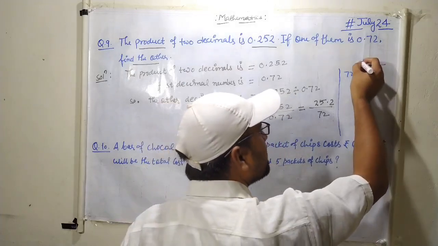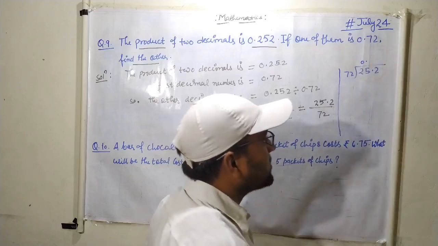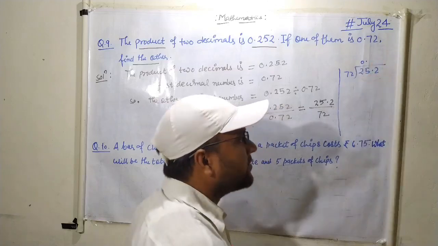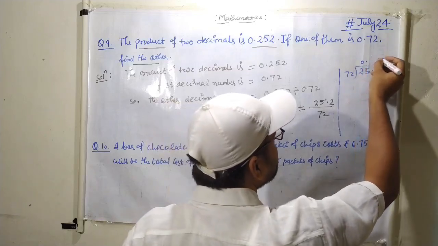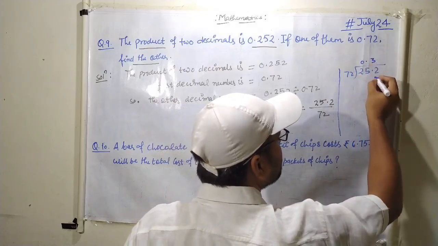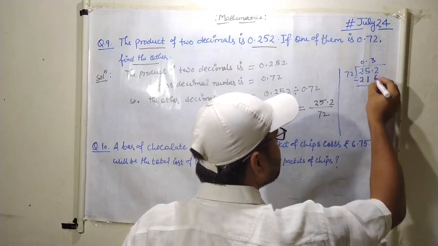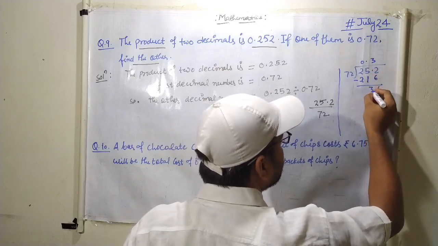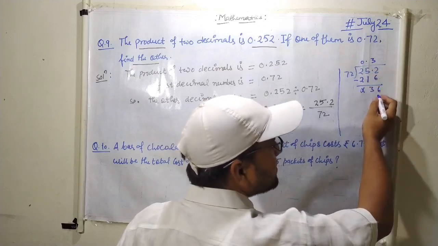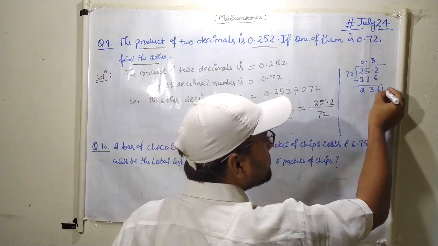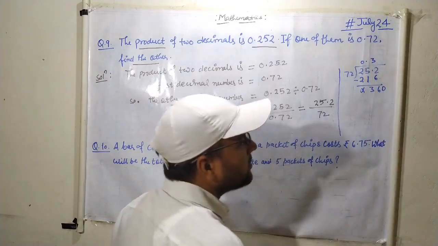Listen students, 25 is not divisible by 72. Take the decimal point in your quotient. So 252 is divisible by 72. It goes 3 times. 3 twos are 6, 3 sevens are 21. 6, 4 minus 1, 3. Cancel out. 36 is not divisible, but you have taken a decimal, so take one 0 in one step.